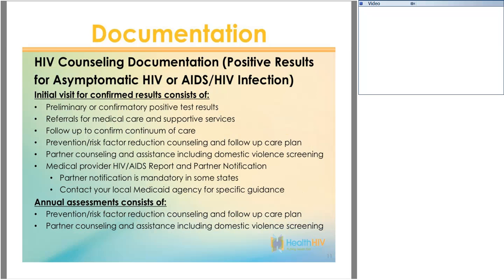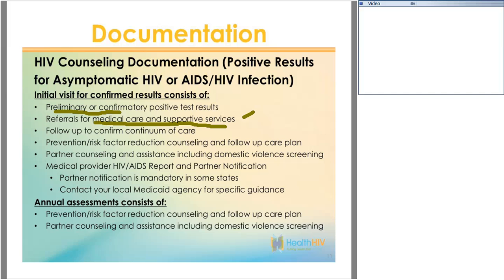Some additional documentation tips. If the results of the test are positive, you want to make sure that you document any preliminary or confirmatory positive test results. There should be a care plan in place, and as part of that care plan, it should include any medical care or supportive services, and this should be properly documented in the medical record.